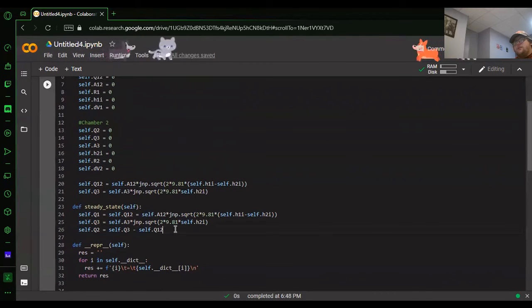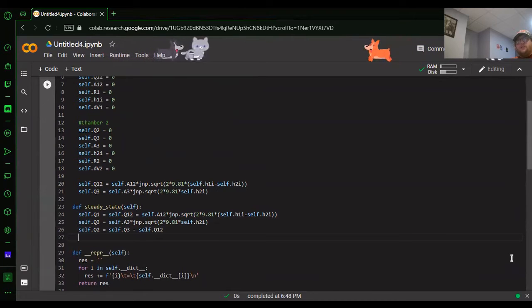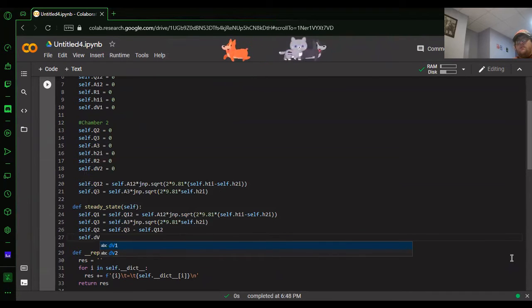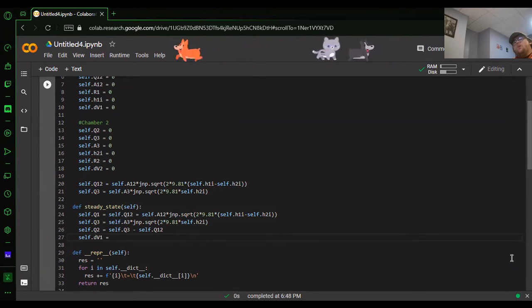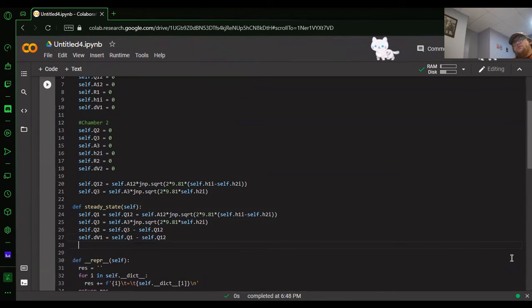And then what's going to happen here is when we run steady state, our change in volume for the first tank, if you remember, is just Q1 minus Q12.